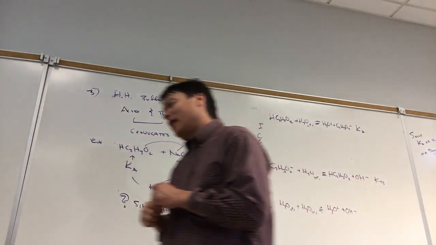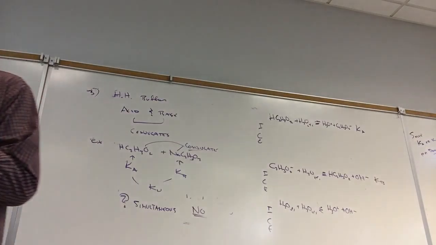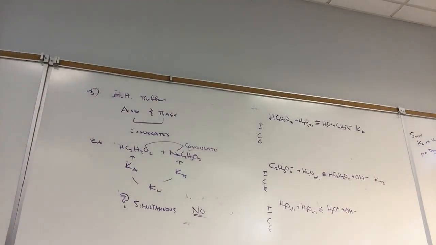In 1 and 2, I have to solve both, Ka and Kb. But in 3, I don't. Just one or the other. Why? It's redundant, yeah. It's redundant because if you look at the Ka and the Kb, they're the same equilibrium. Do you see that?